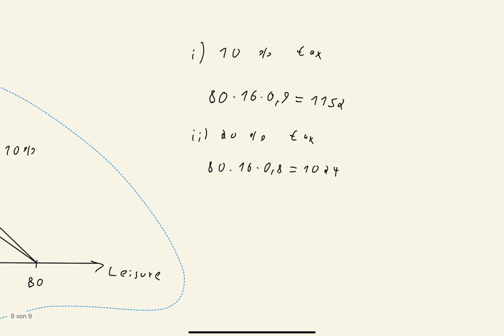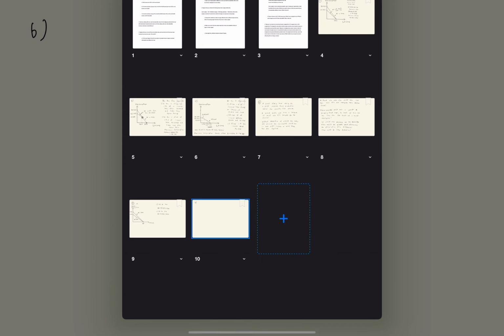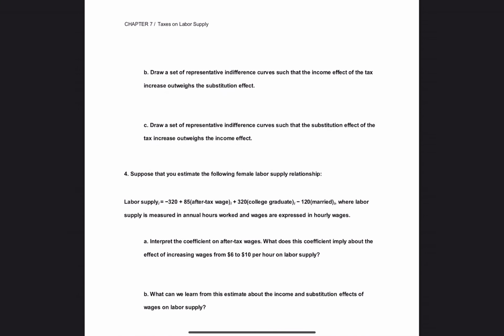So in sub-exercise B, we are asked to draw a set of representative indifference curves such that the income effect of the tax increase outweighs the substitution effect.